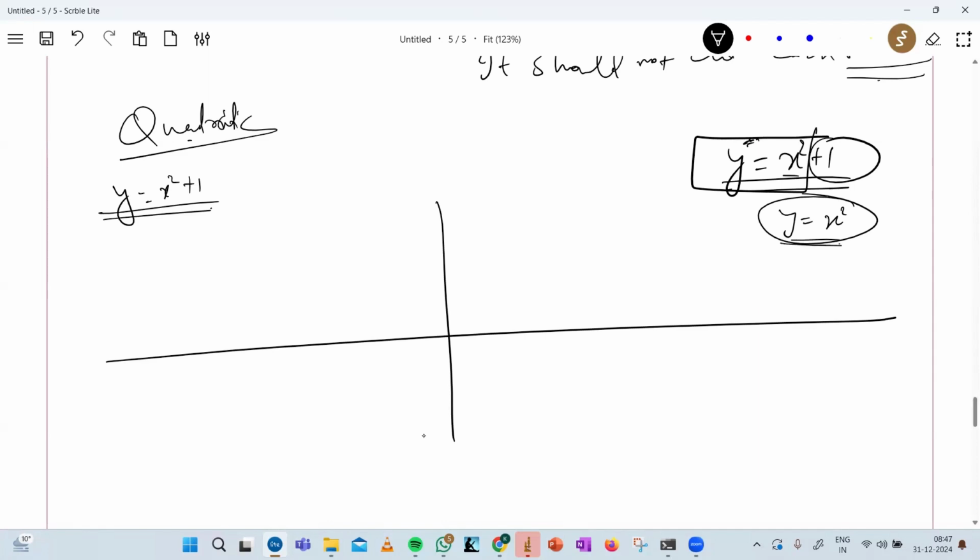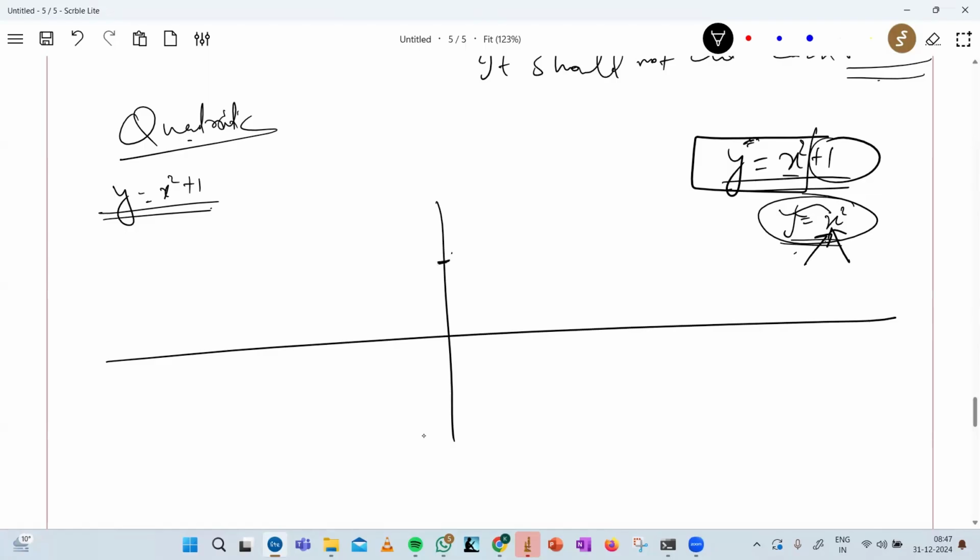now how can you do this? You can think of what it means. Either positive x or negative x, whichever you put, you will get the same y. So if you put the negative x or the positive x, it will yield the same y value.